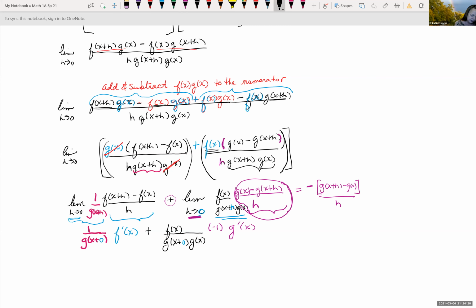Let's just keep it in black. So we have f prime of x all over g of x plus, but I'm going to pull this negative out in front. So I'm going to put a minus here. So minus f of x times g prime of x all over g of x times g of x.